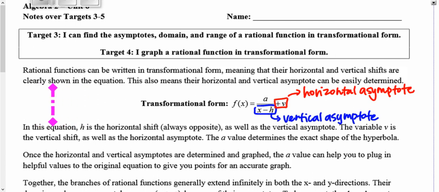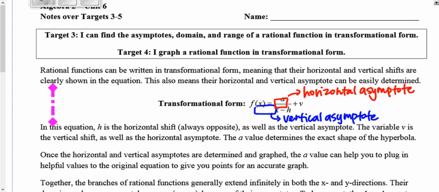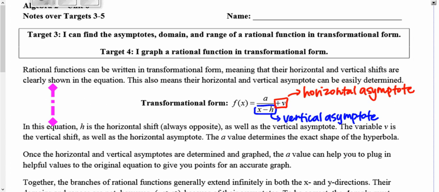So what I have written in the blue is, yes, the denominator does represent your horizontal shift, but ultimately that means it's the vertical asymptote, because the vertical asymptote is the one that's affected by the horizontal shift, shifting to the left and right. And so the opposite's going to be true for a horizontal asymptote.